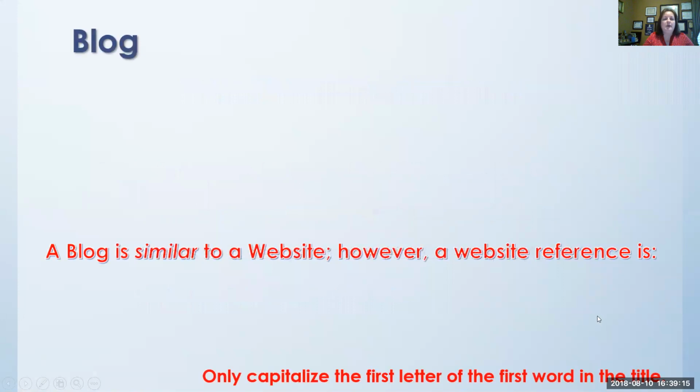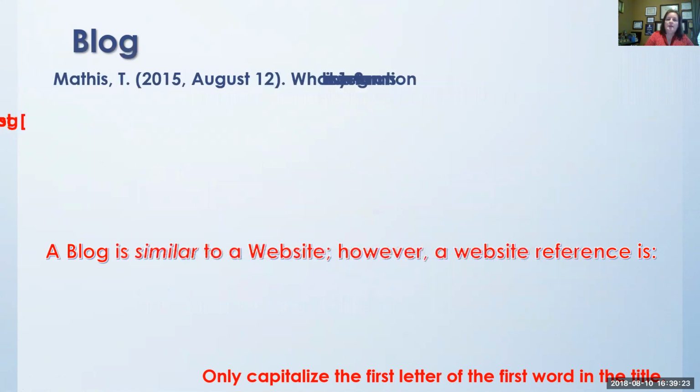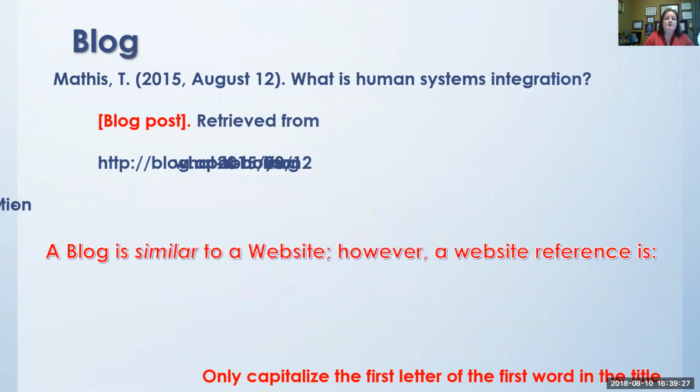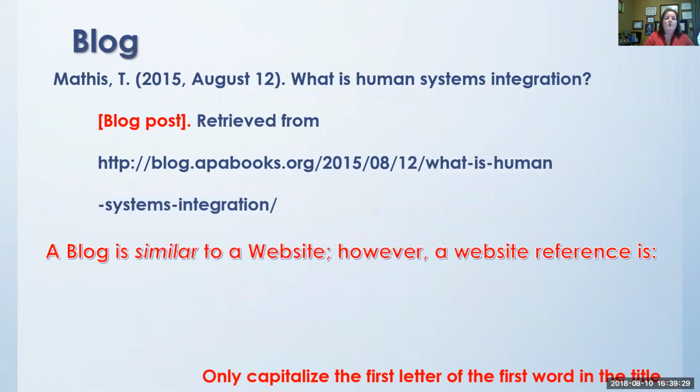Now, getting to a blog I mentioned earlier, a blog is similar to a website, where, yes, it is a website, but it's a blog. So it's written exactly the same. The only difference is where I have in red, in the brackets, you put blog post with a period, and that comes after the title.